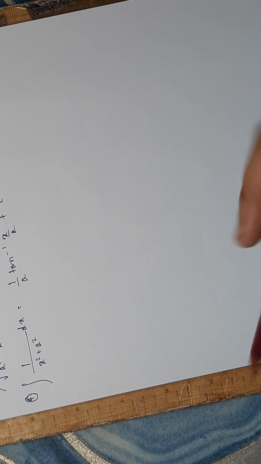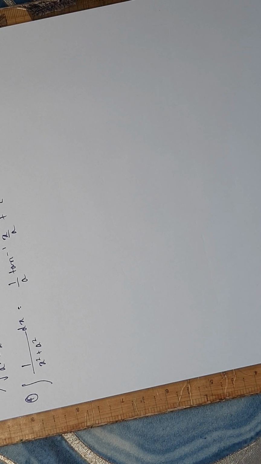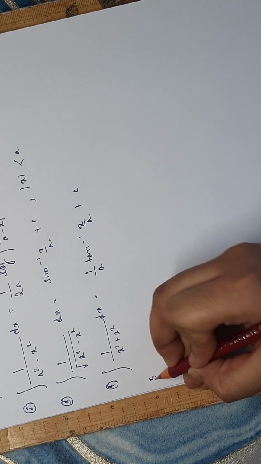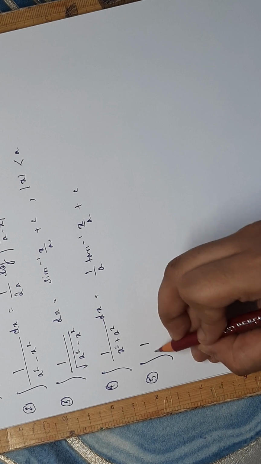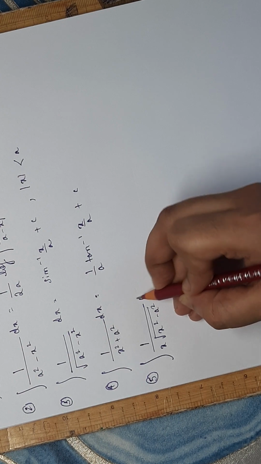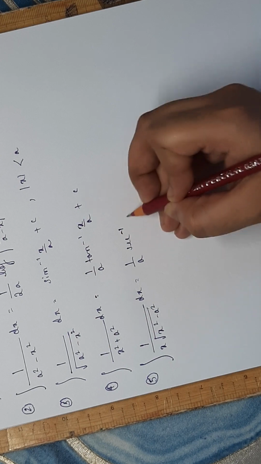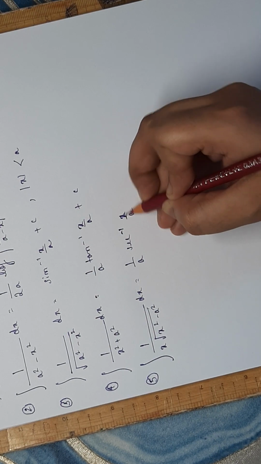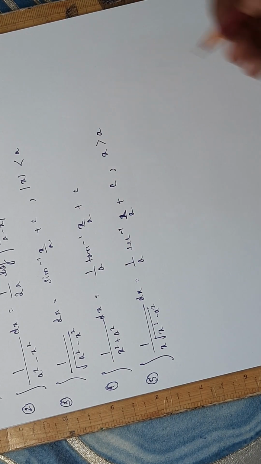Now we will be completing the remaining 3. Among these, there is another formula which is very relatable, and that is integration of 1 by x into root over of x square minus a square into dx equal to 1 by a into sec inverse of x by a plus c, where x is greater than a.